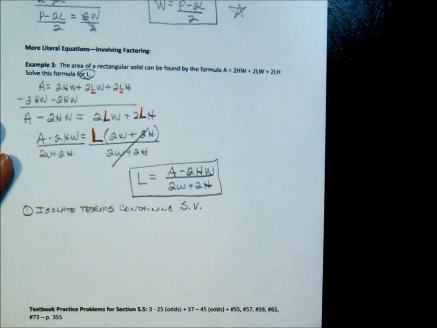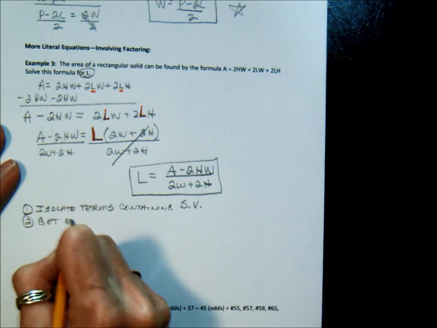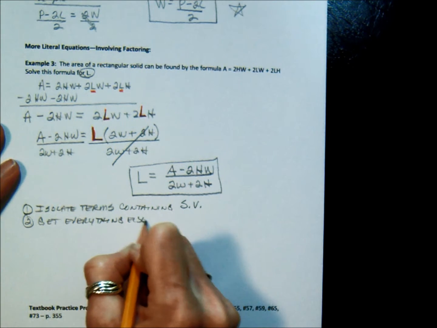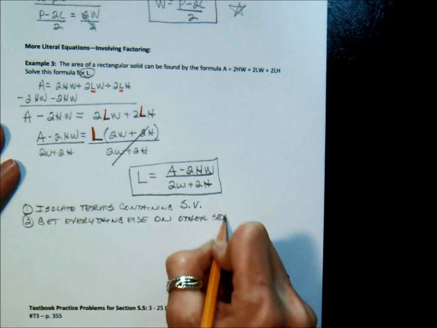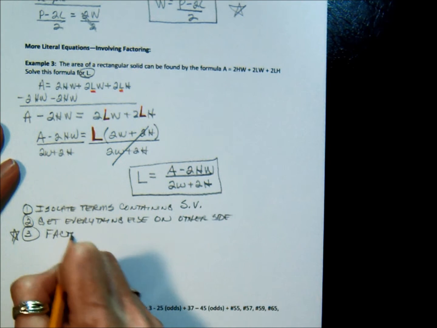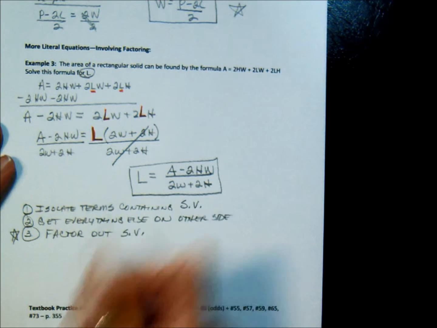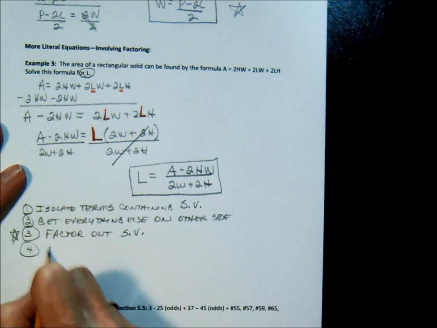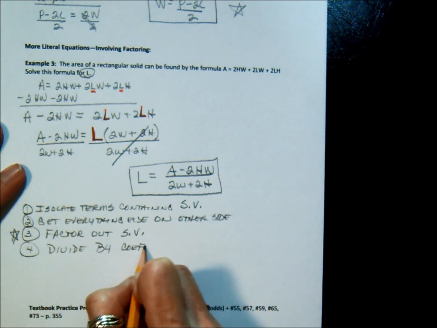I'm going to use an abbreviation there. 2, get everything else on the other side. 3, and this is the key, factor out the specified variable. That is the key to the whole thing, going from 2 of the letters down to 1 by factoring it out. And 4, divide by the coefficient of the specified variable.